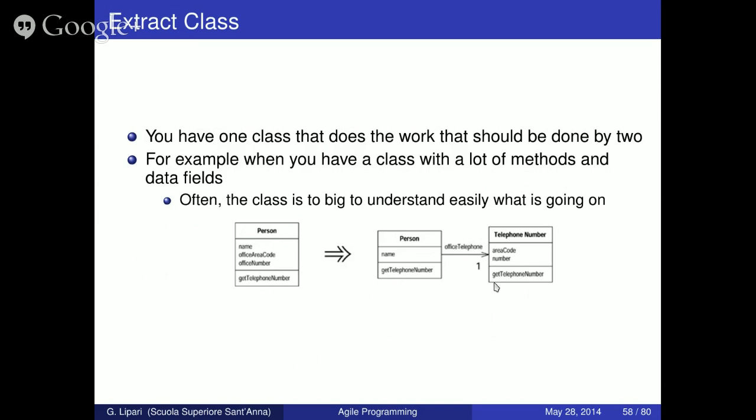Okay, and in this way, for example, you can add different kinds of telephones for one person, not only office but also home and cellular number and things like that, which was a little bit more difficult before because the two data members were embedded in the original class.